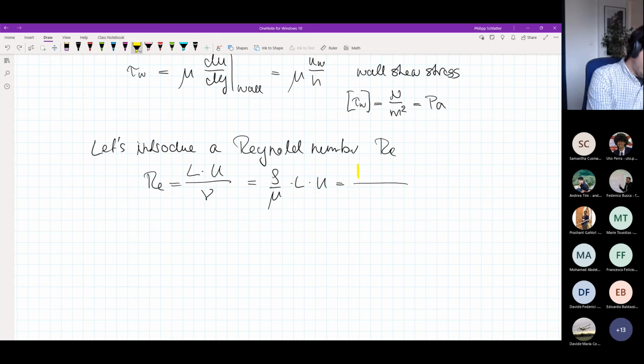In this case, it would be clear that what we need to choose would be this UW times H divided by nu. The reason for that is that UW is the only velocity scale that we have. The H here is the only length scale that we have in the problem.